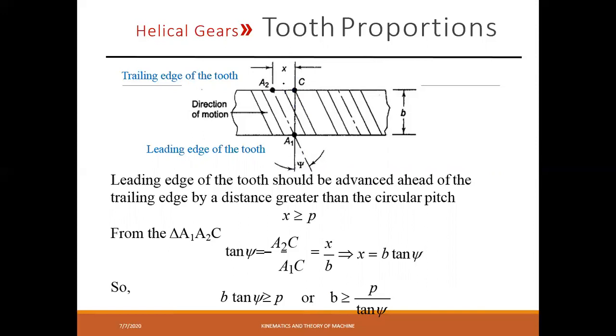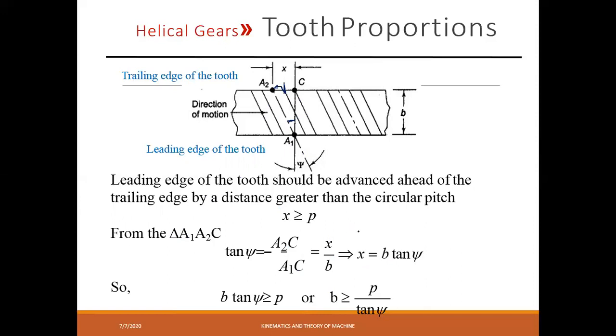The x can be taken here, or you can take it from here onwards, but you can't take it between these two points, because if you take it between these points, the value of x is going to be less than the pitch. From the triangle A1, A2 and C, you can take the angle psi: tan psi is equal to A2C upon A1C, which is x upon B. So x is equal to B tan psi.